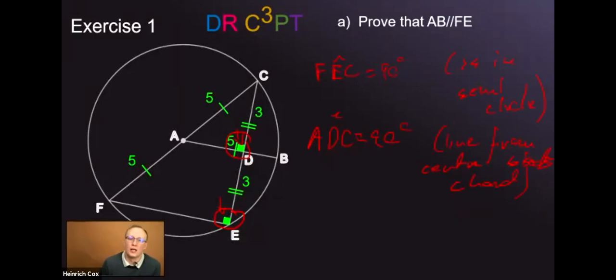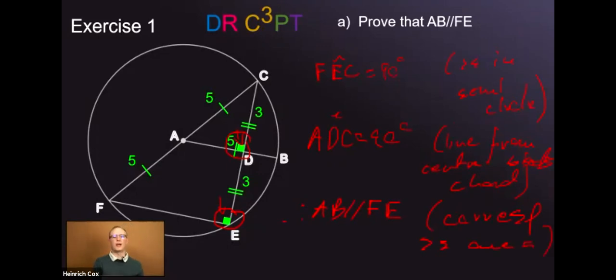So our line from the center bisected the chord, and as a result, we know that it's 90 degrees. And now we've got the corresponding angles that are equal, so we can say, therefore, AB is parallel to FE, and our reason for that is that the corresponding angles are equal.